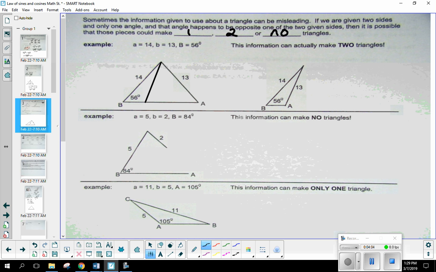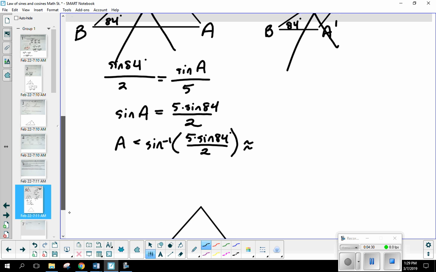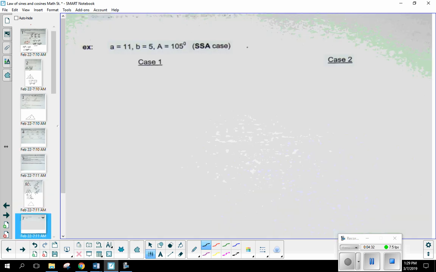Really, more than anything in here, we talked about consistency: starting with a triangle that looks like this, then creating an obtuse one, and just running with the information, assuming that there's always going to be two triangles. If one doesn't exist, you're going to come across something that lets you know that for sure. I believe we got through 2 of the 3, so I think we only have 1 left. This is the only one we have left, right?